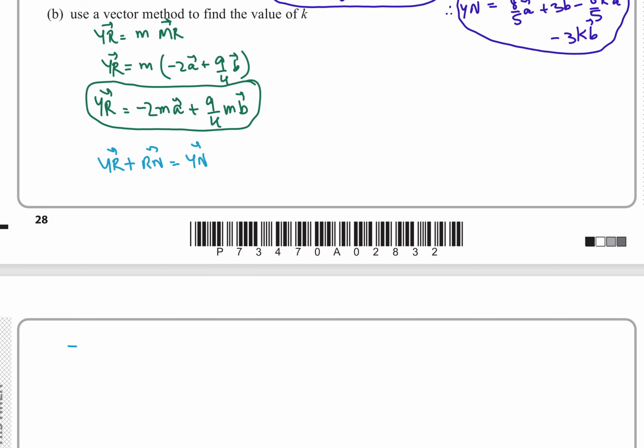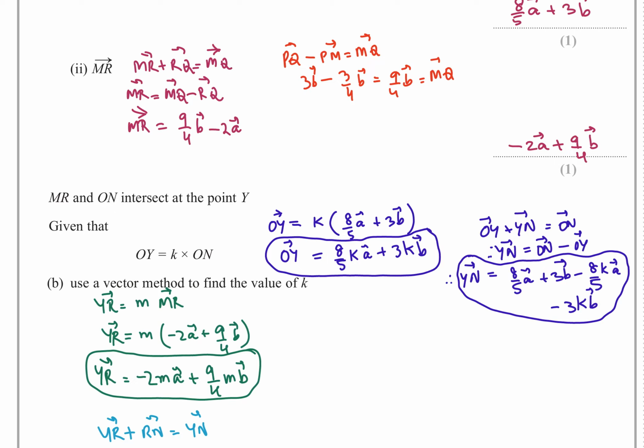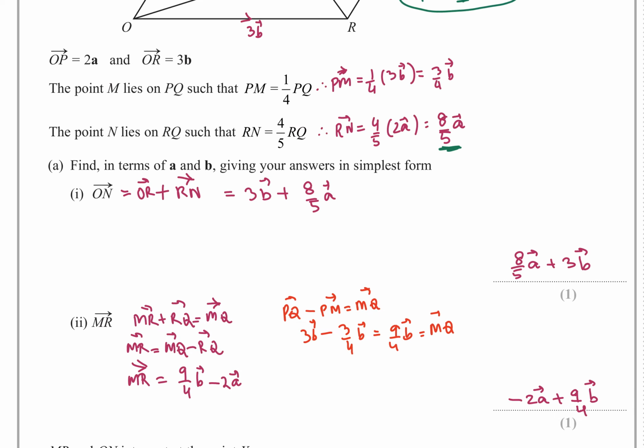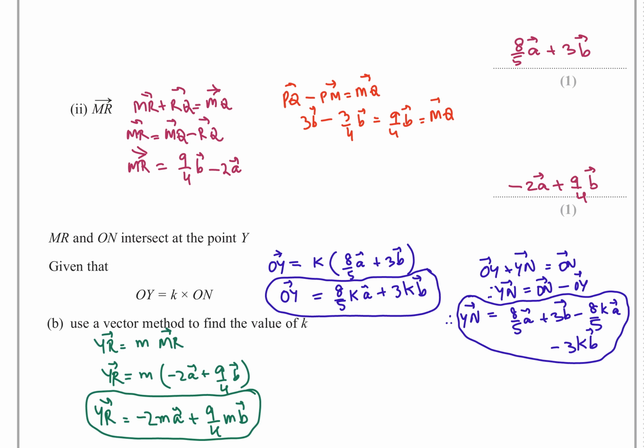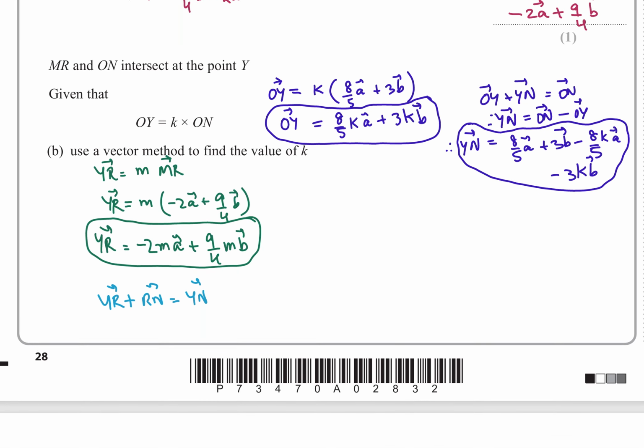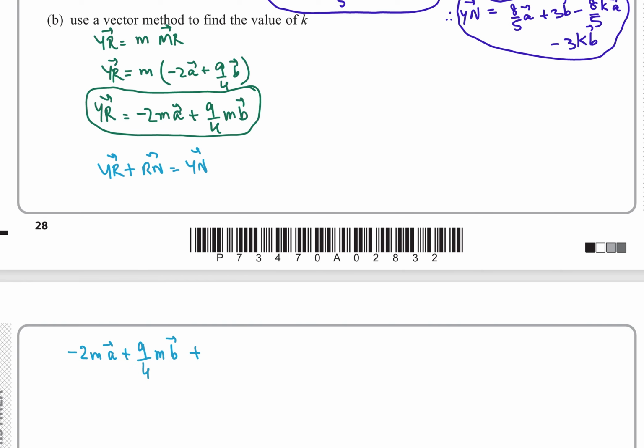So now I'm going to form the equation. Minus 2ma plus 9 over 4mb plus RN. RN I worked it out here, 8 over 5a. So that is going to be plus 8 over 5a, and that equals YN.